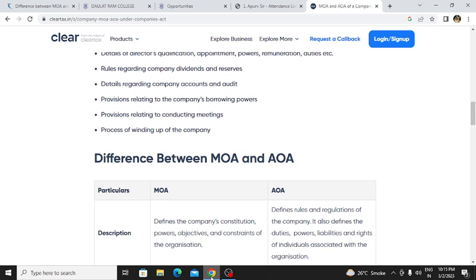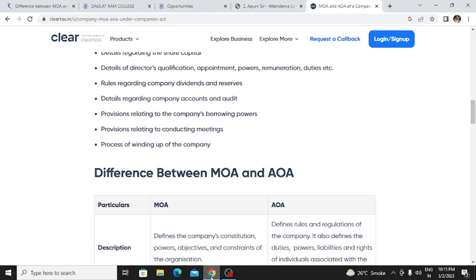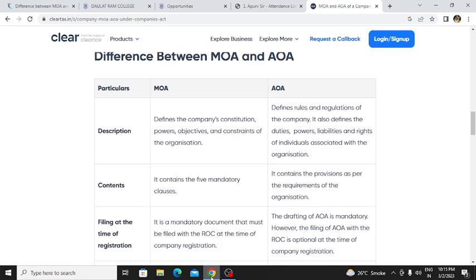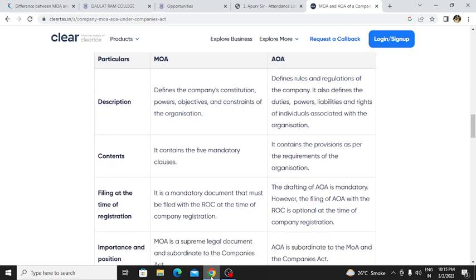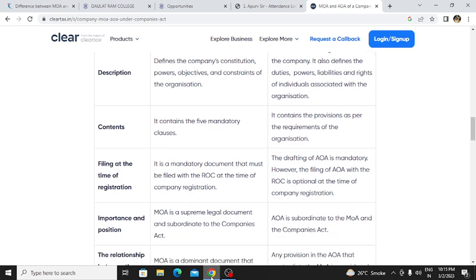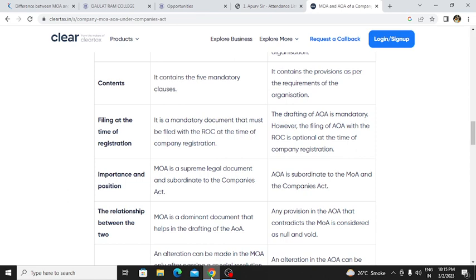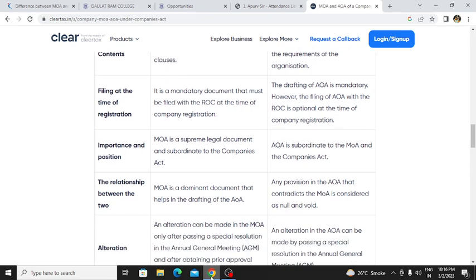So under this: qualification, appointment, remuneration, share capital, meetings of the company, winding up of the company, provisions relating to winding up, conducting a meeting, and borrowing powers. So the difference: MOA is a constitution, AOA is a regulation. Content: MOA has 5 mandatory clauses, AOA has some provisions related to that. Filing: it is compulsory for the MOA but not for the AOA.